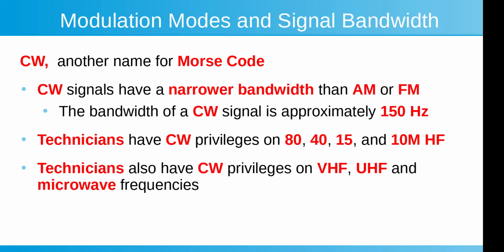Even though it's no longer required, there seems to be a lot more interest in Morse code. People are doing more of it because of the much narrower bandwidth, you can get longer distances.